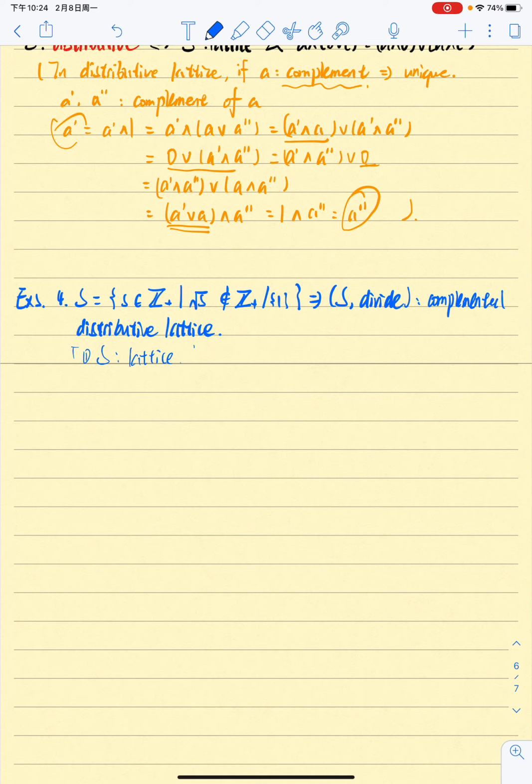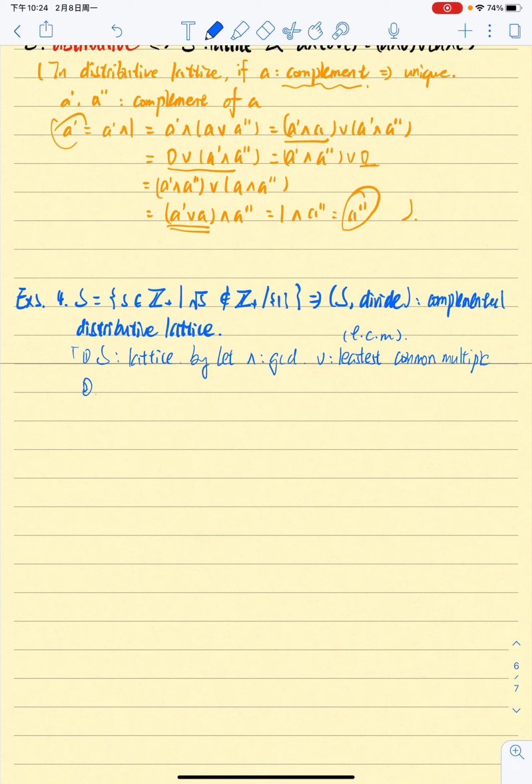This is true by letting this one be the GCD, and this one be the LCM, the least common multiple. Then S is a lattice.